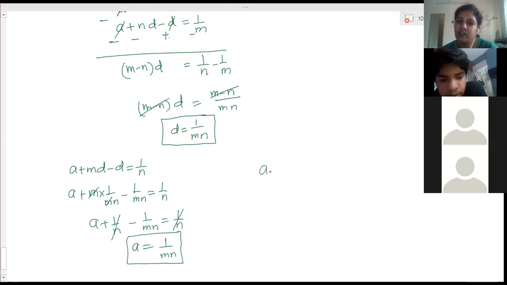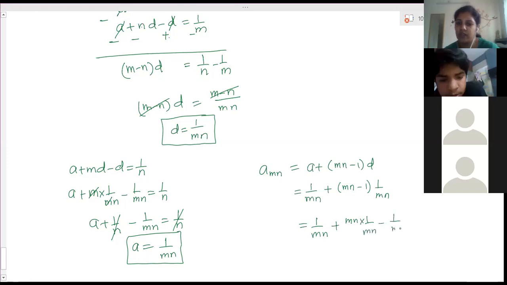Now you have to calculate the mnth term. What is the formula? a plus mn minus 1 into d. Now substitute the values of a and d: 1 by mn plus mn minus 1 into 1 by mn. Open the bracket: 1 by mn plus mn into 1 by mn minus 1 by mn.